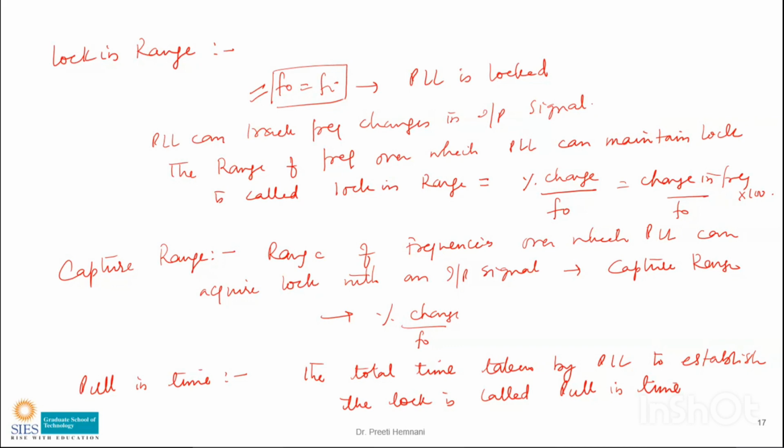This will not be fixed. It always depends on the initial phase and frequency difference between the two signals, as well as on the overall loop gain and the loop filter characteristics.